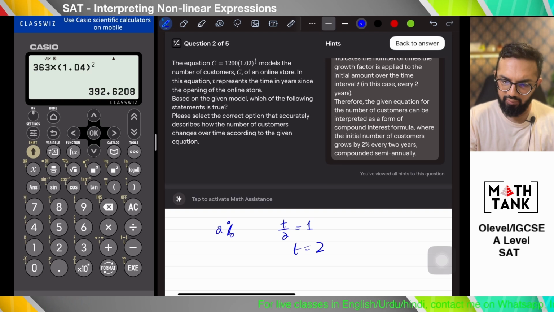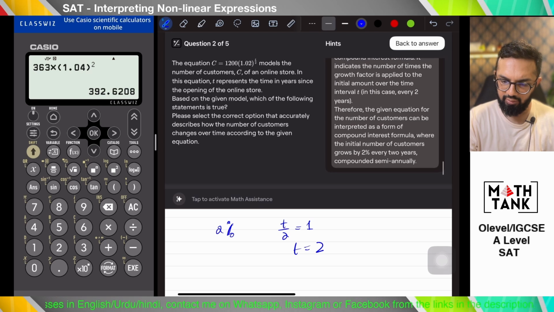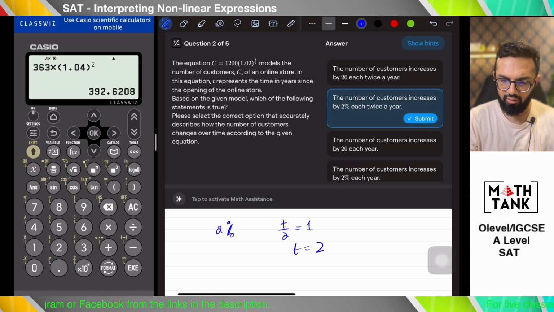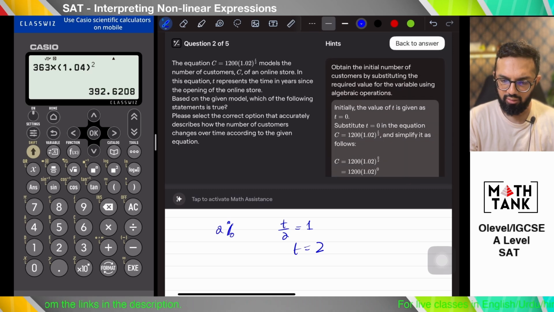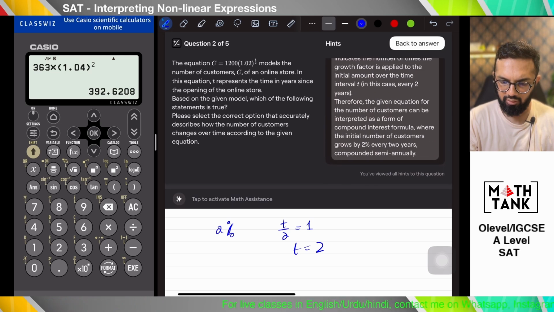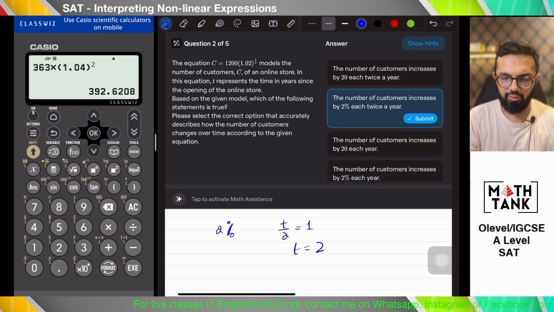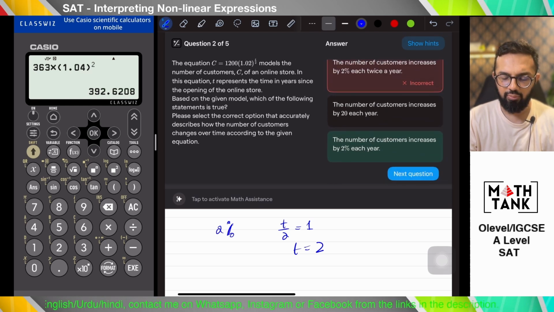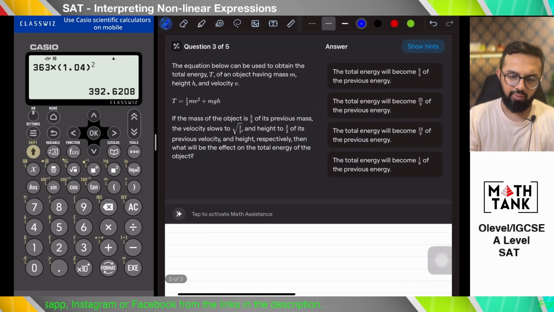For the number of 2% every 2 years, that shouldn't be compounded semi-annually. I think the answer option is missing, the correct answer option. Let's see if I get this correct. No, so 2% every 2 years. Okay, so this question is basically wrong here. We'll come across this again.